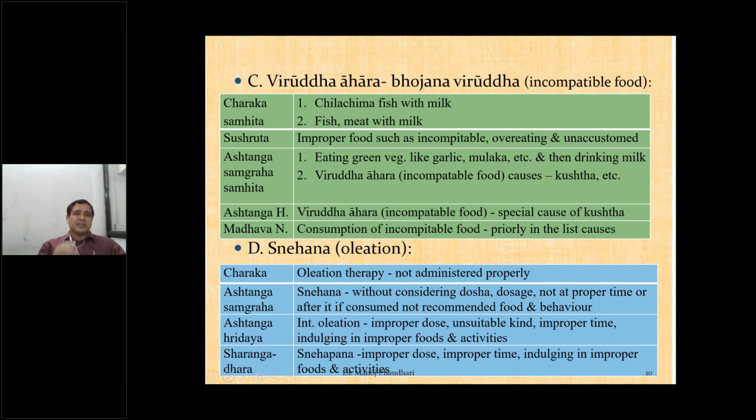Charaka Samhita is the best one in Chikitsa, no doubt, but we have to read Charaka Samhita in light of the other classical texts. That is the contribution of the other textbooks also. Now about Snehana, most of the time we say oil is good, cow ghee is good, but the oleation therapy, if it is not proper, if it is in excess, is also a cause of skin disease according to Charaka Samhita.